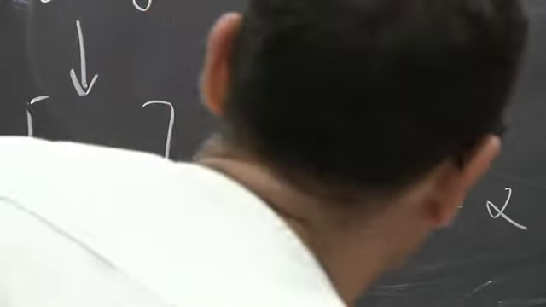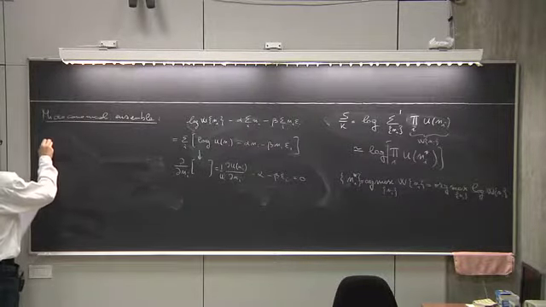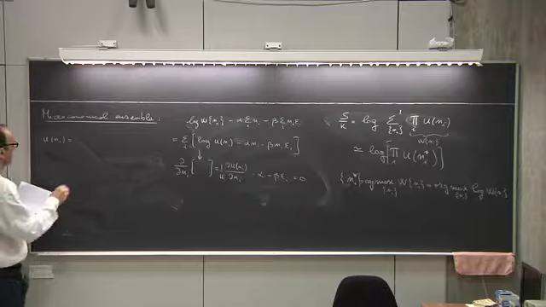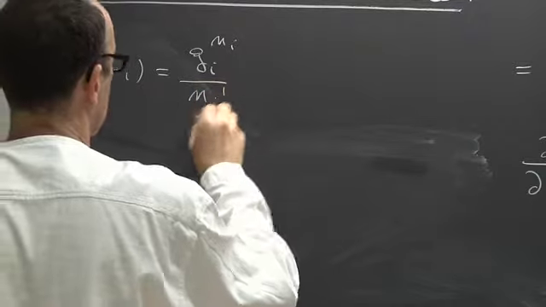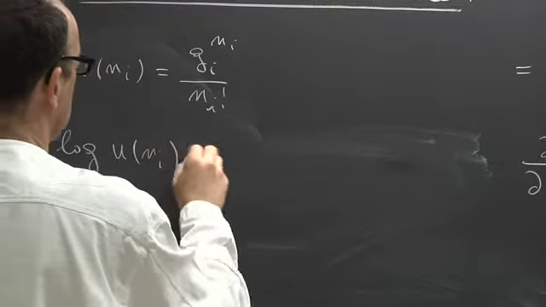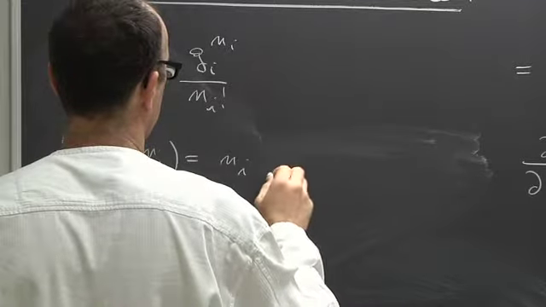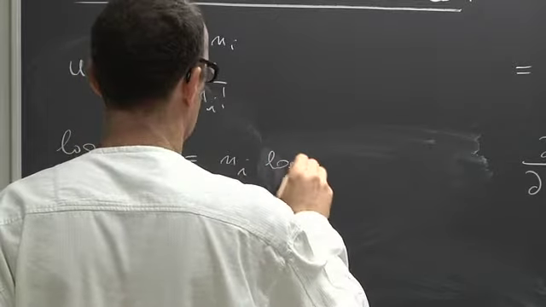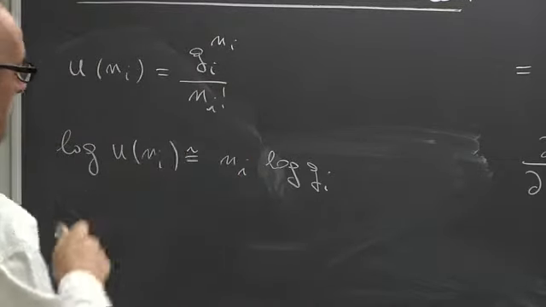Okay, so let's do this calculation. So U of i in the Maxwell-Boltzmann case is this. So the log of U of Ni is Ni times log Gi, and here I'm taking the Stirling approximation for the factorial.